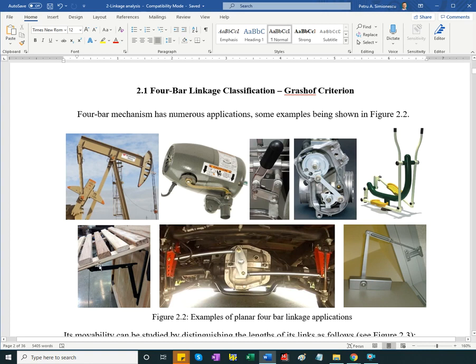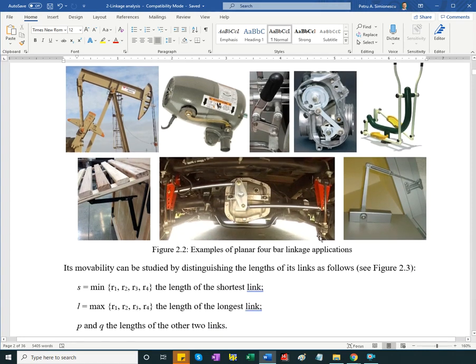A folding 4-bar mechanism of a shelf. This is the Watt straight line linkage used on a vehicle suspension. A door closer employing a 4-bar. Together with a wheel, it forms a 4-bar. Let's not forget that. And they are not the only ones. There are very many applications of the 4-bar linkage.